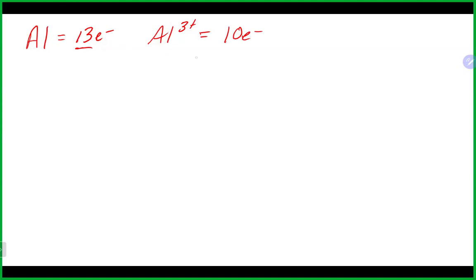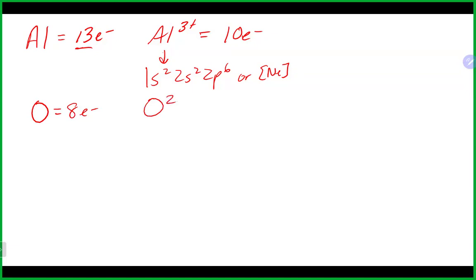So if we were going to write the electron configuration for our aluminum, it would be 1s2, 2s2, 2p6, which is 10 electrons. By the way, who on the periodic table is 10? That is neon, right? It's basically the same electron configuration as neon. Now, if I took something like oxygen, with no charge, it has 8 electrons.